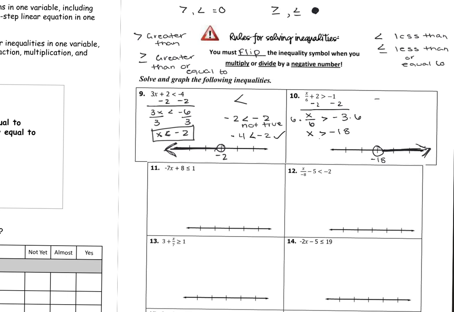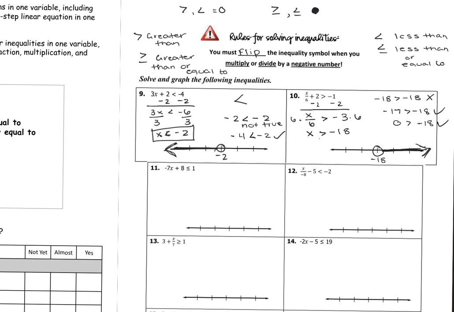Again, if we plug in negative 18, we see that this is not true because negative 18 is not greater than negative 18. But I can plug in negative 17, because we know that negative 17 is greater than negative 18. I can plug in 0 because 0 is greater than negative 18, and so on and so forth.